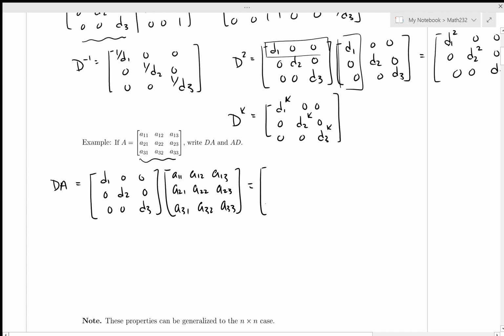I do that multiplication. I get D1 a11, D1 a12, D1 a13. You can perform this multiplication yourself. Don't just copy me doing it. We know how to multiply matrices, so perform the multiplication yourself, and you will get this here.